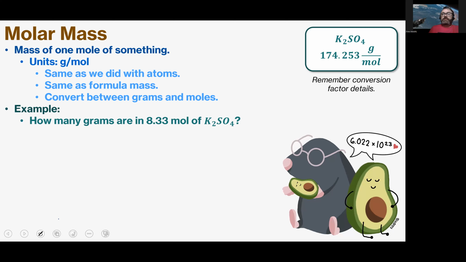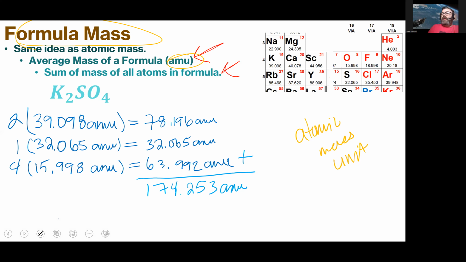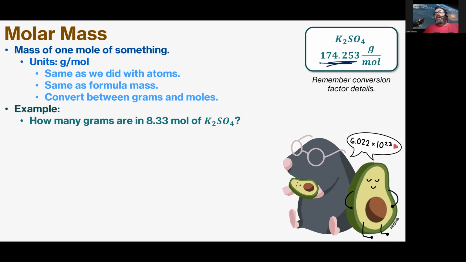So we just figured out the formula mass of K2SO4, and our molar mass is the same number as formula mass, but it's going to have grams per mole for the units.